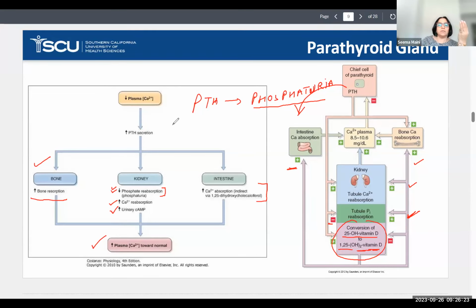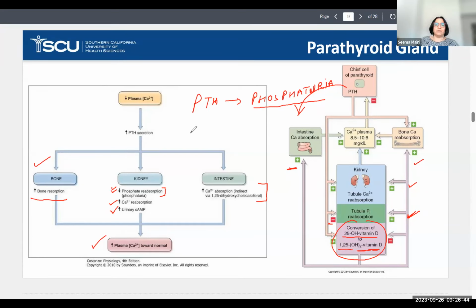So what is it doing? It is doing the fourth effect, that is phosphaturia. That means, because phosphate ions are the principal anions for calcium ions, by decreasing phosphate levels in the blood, it is increasing levels of free calcium ions in the blood indirectly. Does that make sense?